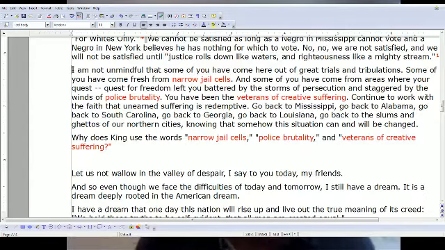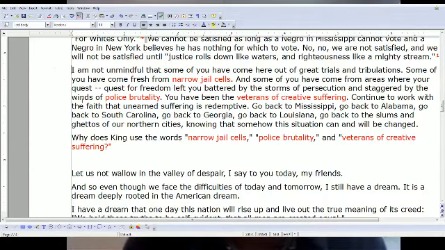It says, I am not unmindful that some of you have come here out of great trials and tribulations. Some of you have come fresh from narrow jail cells. Some of you have come from areas where your quest for freedom left you battered by the storms of persecution and staggered by the winds of police brutality. You have been the veterans of creative suffering.